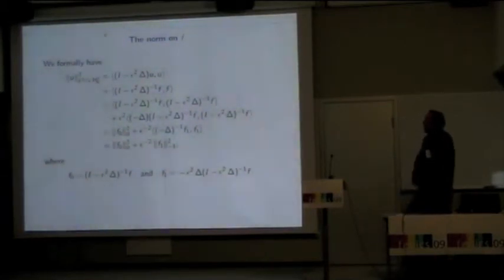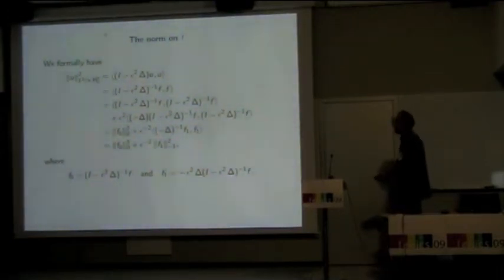So this is really an identity: the norm that we want to control can be given in this way. And if I insert that u is this operator inverse times f, I get this one instead. The only difference is that I put f instead of u and I put the inverse. And it's sort of trivial that this is the identity.